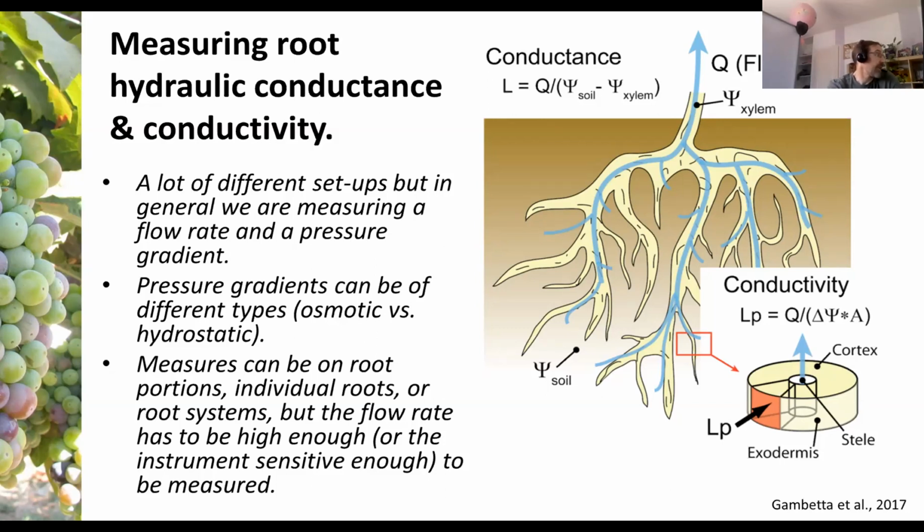And then we can have the measurement be on different things, the whole root system. It could be on even root portions or individual roots. But the caveat here is that no matter what you're going to measure the conductivity of, the flow rate has to be high enough to be measured, and you have to have an instrument that's sensitive enough to measure really low flow rates if you're going to do it on, say, an individual root.